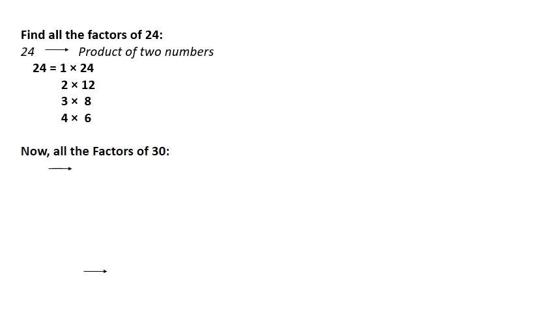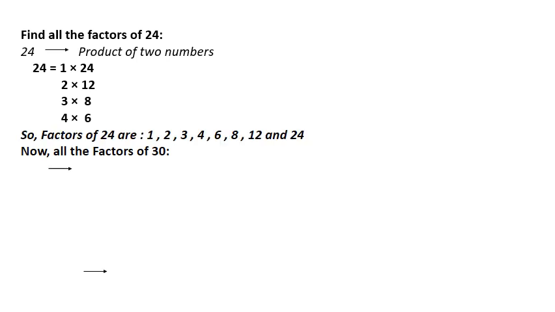Now you can observe that 6 is already covered over here. So when you start getting numbers which are already covered, it means that you have covered all the factors of the given number.